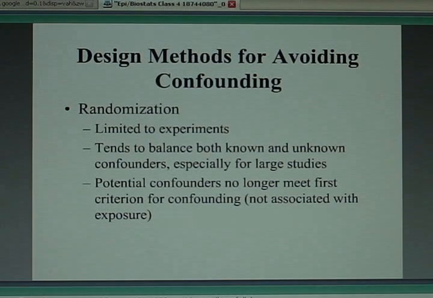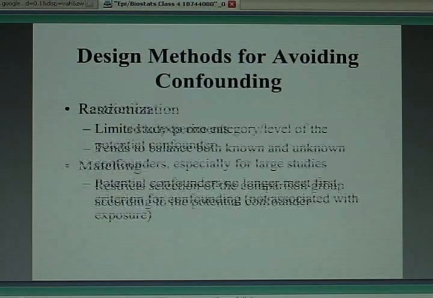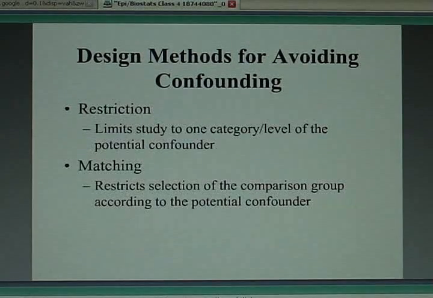Other ways you can avoid confounding in non-experimental studies is to restrict your study to only men. Only enroll men in your study. Compare men who are exposed to men who are non-exposed. Gender cannot be the reason why the exposed people have different outcomes than the non-exposed people. The problem with restriction is you don't have any women in that study.